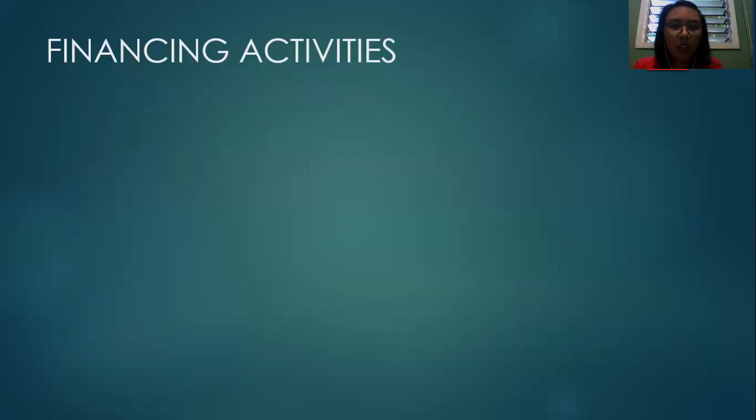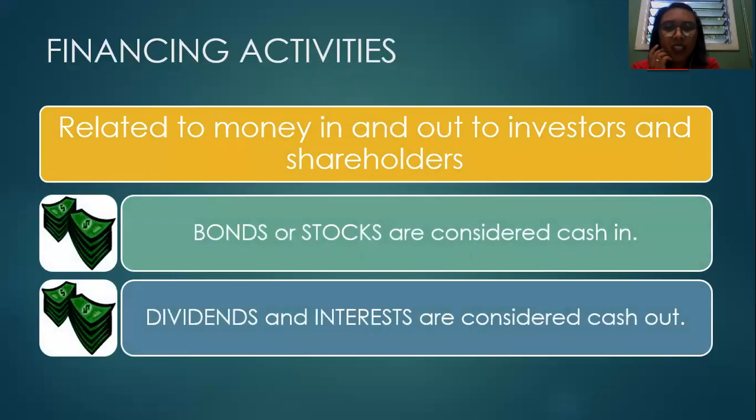The last one is financing activities. This is related to money in and out to investors and shareholders. Investors and shareholders could be owners. They're as good as owners of the business. Bonds or stocks are considered cash in.